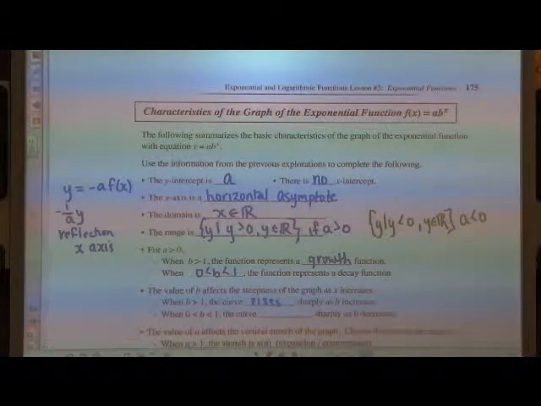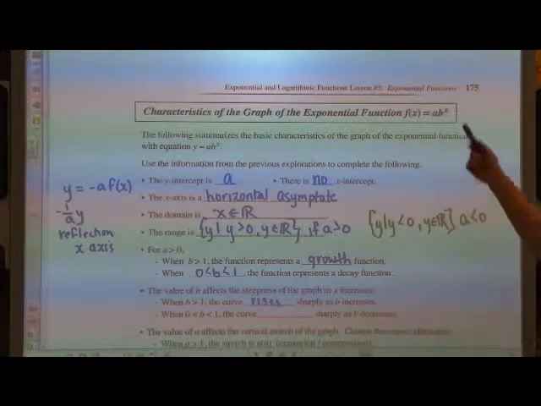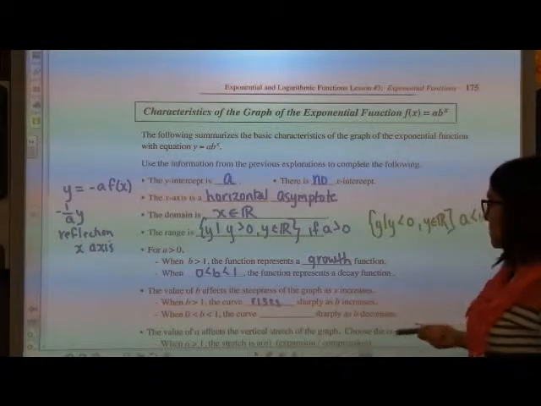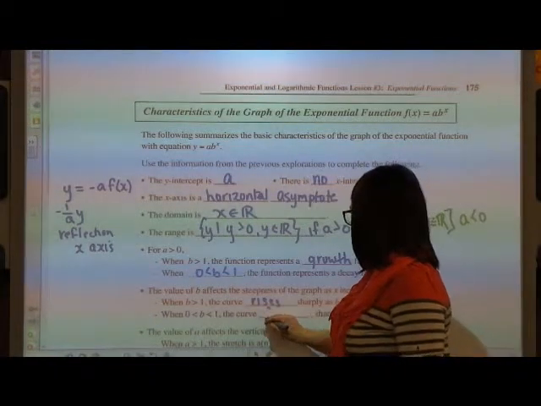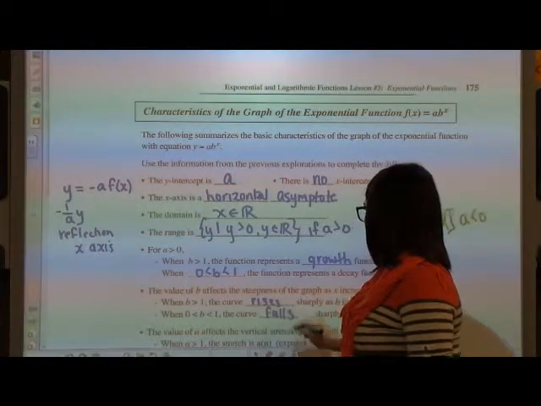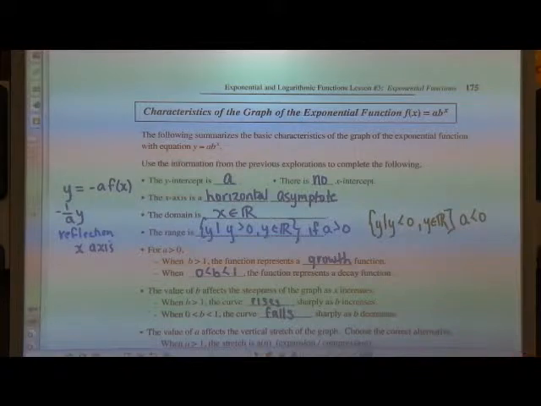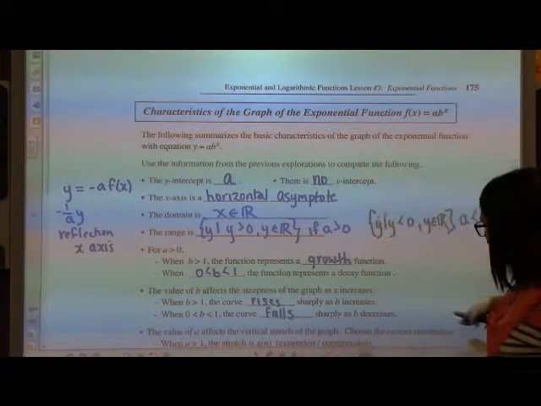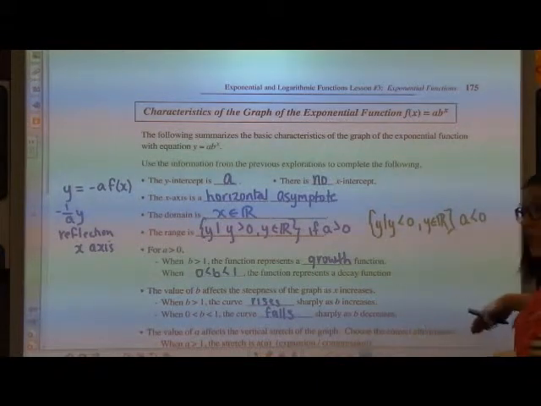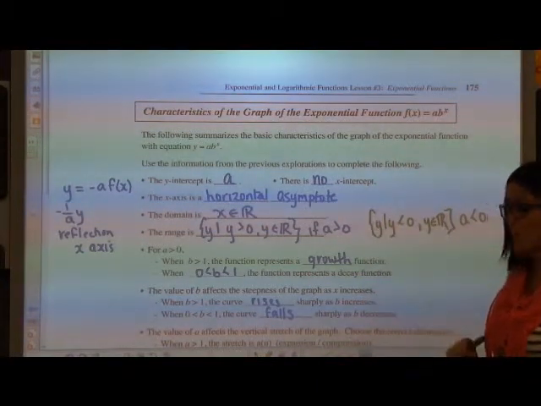And when b is between 0 and 1, the curve falls more sharply as the value of b decreases. So my 1/10 to the power of x falls more sharply than my 1/3 to the power of x.